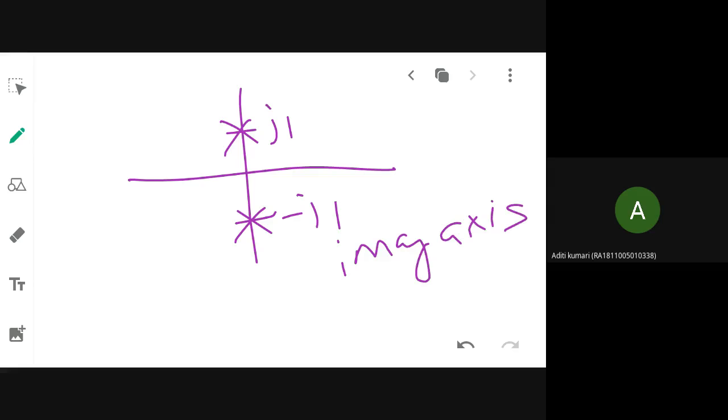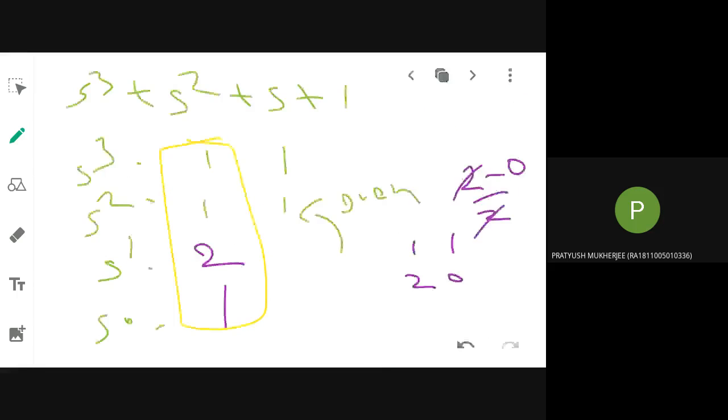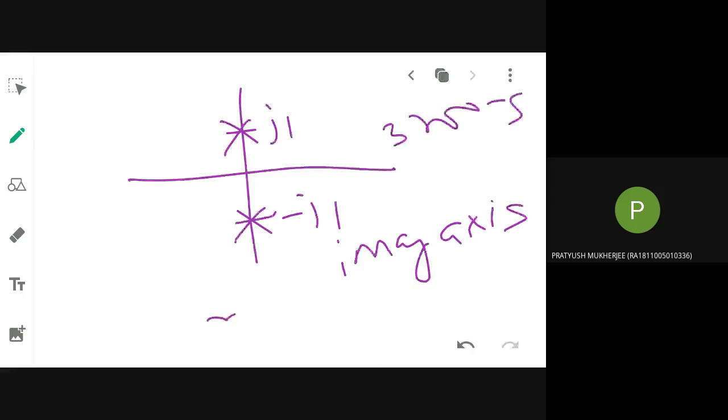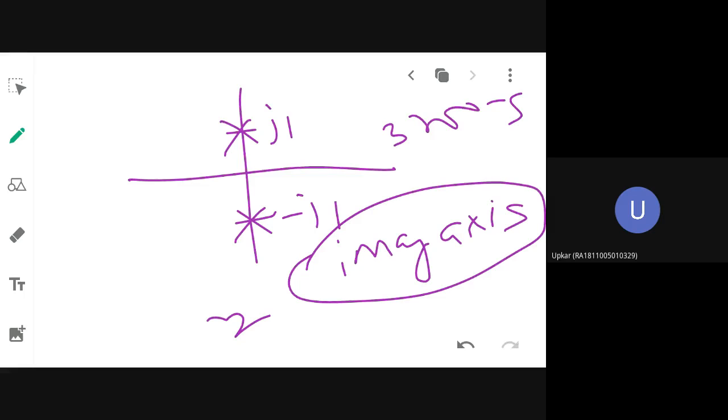So totally how many roots were there for the system? What order system was that? 3. So 3 roots totally. 2 roots are on the imaginary axis. One root was somewhere. What was the other root? Minus 1. Let us consider minus 1.